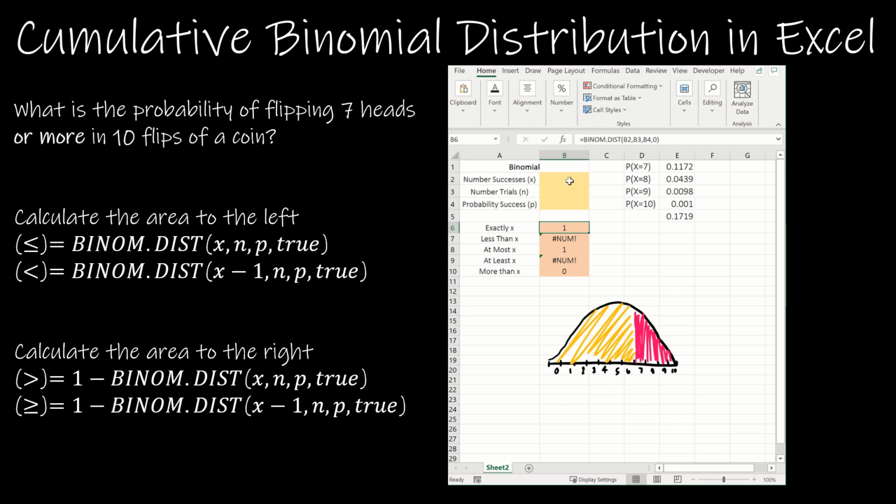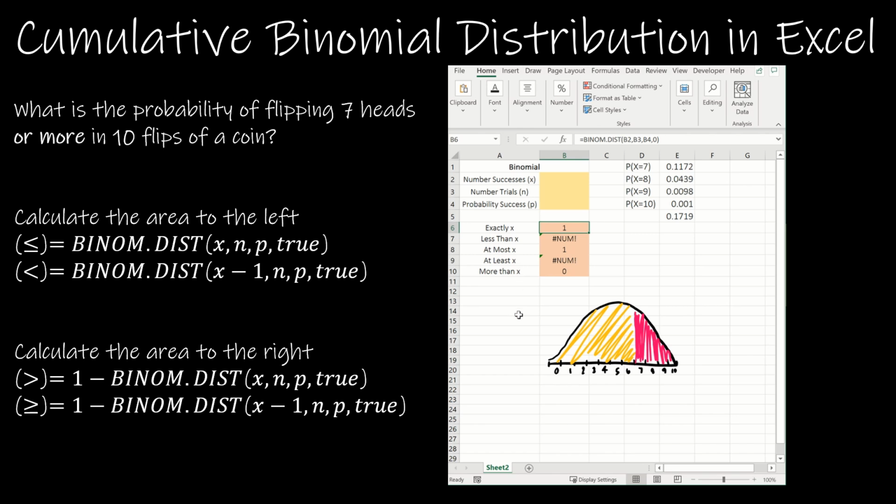We have already talked about exactly X. It's binom dist, with the number of successes, the number of trials, the probability of success, and then 0 for cumulative. But now we're going to get into less than, at most, at least, and more than.